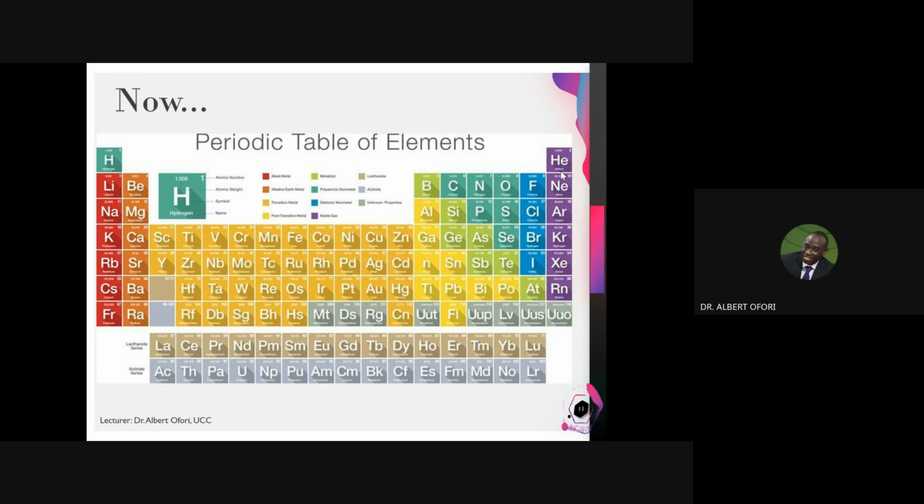Then the noble elements. Most of them are gases, not all of them. When we cross going down, these are not gases, these are liquids. And they are noble because they don't really engage themselves in reactions, except one. So this guy here, xenon, belongs to the noble elements, but xenon can react with almost all the elements on the periodic table.